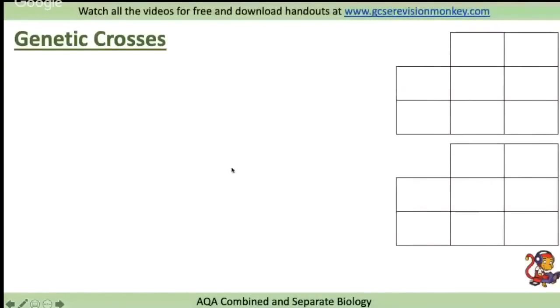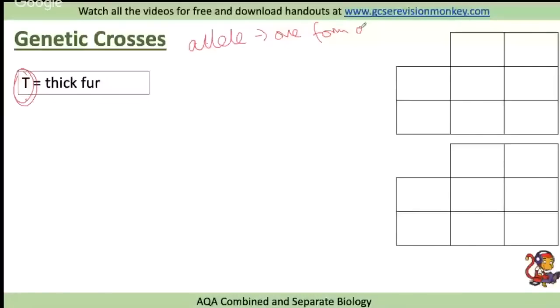Genetic crosses then. They could talk about inheriting absolutely any characteristic when they ask you questions about genetic crosses. So I've just made up something random. Think about mice and think about an allele, which is a type of gene, or a form of gene, we should say. So allele is one form of a gene. That's the definition that they'd want you to write, one form of a gene. So let's say we had one form of a gene that could give you thick fur, and another form of the gene which would just give you normal thickness fur.